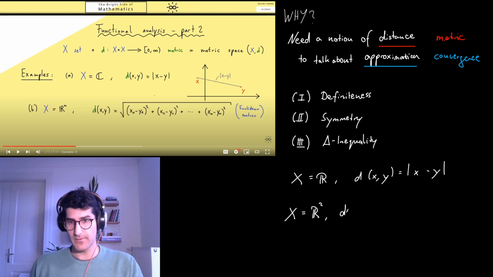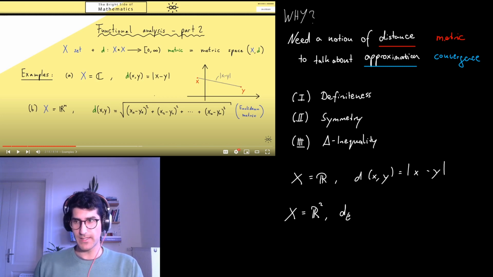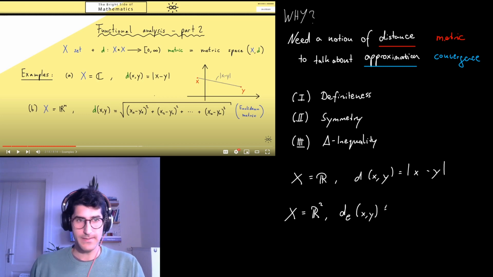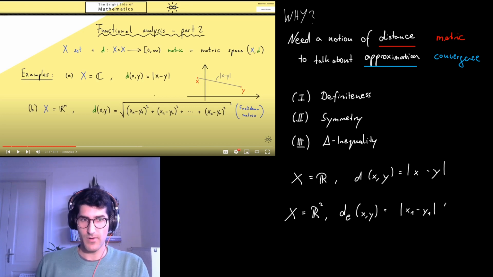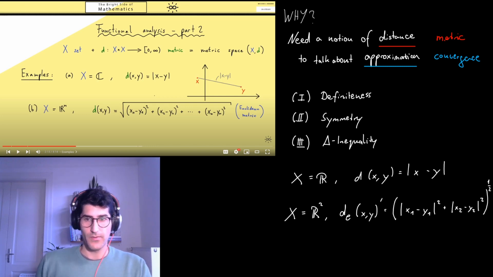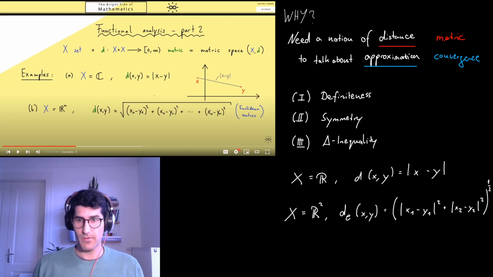Then the Euclidean metric, which I denote with a small e in the subscript, of 2 points x and y is defined as the square root of the sum of the squared absolute values of the differences, x1 minus y1 plus x2 minus y2. As said in the video, this is a very classic choice, and it is a metric, so it fulfills all three properties.